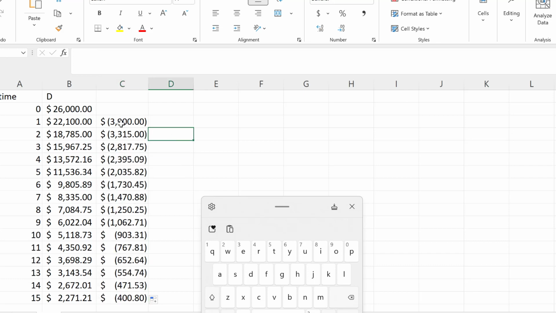You see this in parentheses? That means that it's decreasing. So at first the value decreases by $3,900, then $3,300. It depreciates slowly. Okay, so it doesn't lose as much money.